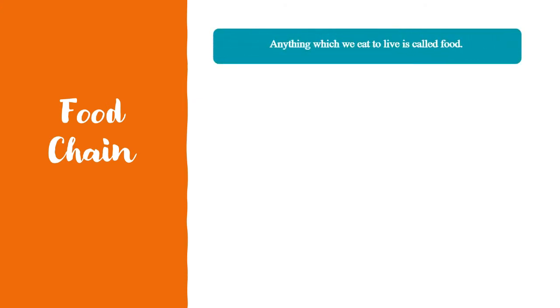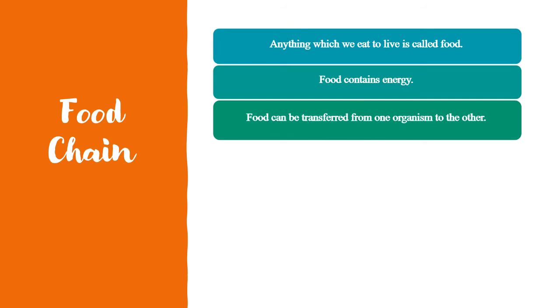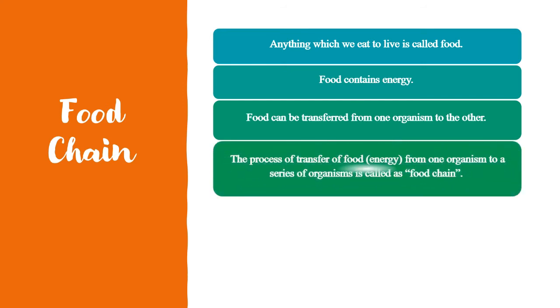Anything which we eat to live is called food. Food contains energy. Food can be transferred from one organism to other. The process of transfer of food, that is energy, from one organism to a series of organisms is called food chain.